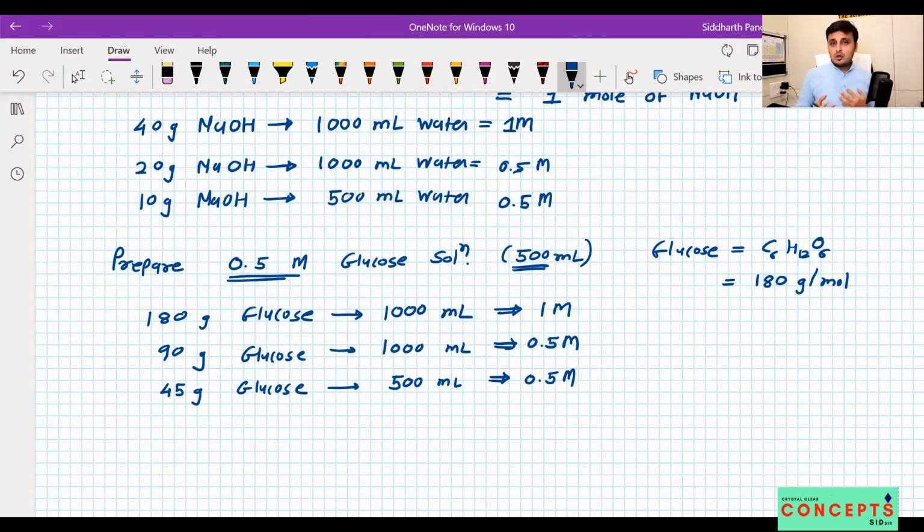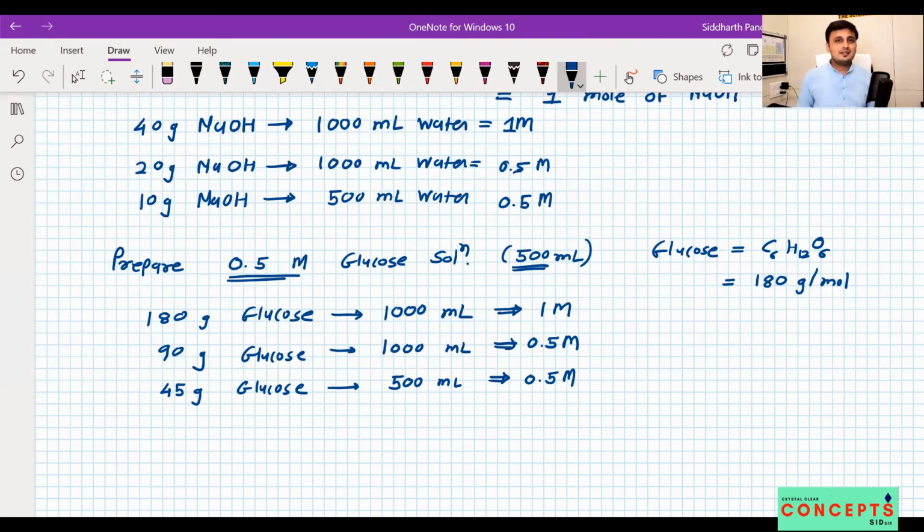So ultimately what you are going to do, you are going to take 45 gram of glucose, add into 500 ml of water, make it stirred well, dissolve well, and you are ready with 0.5 molar 500 ml solution of glucose. So any solution of molarity you can prepare like this, and it is a very easy and wonderful technique when you are working actually in the laboratory and the practicals you are working.